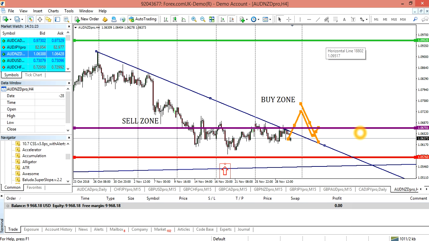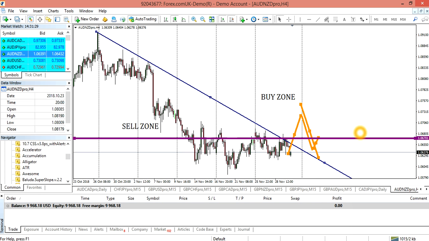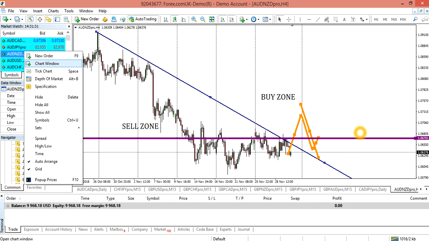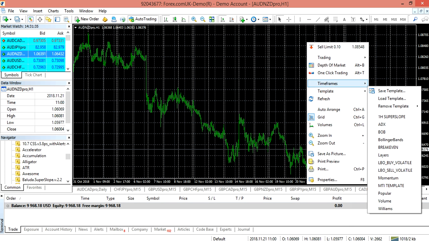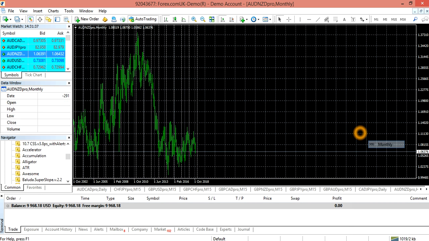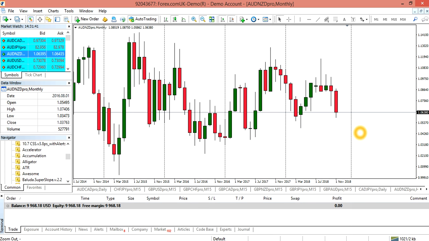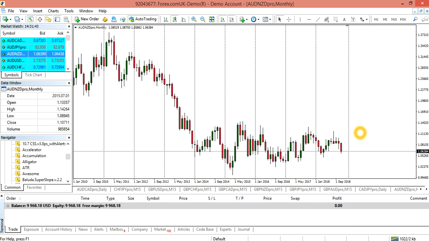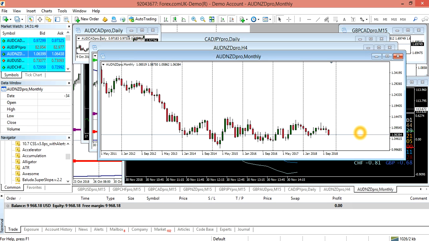Right? Now, because we already analyzed the market, let me just open a different chart here. We said that our limit is 1.0952.